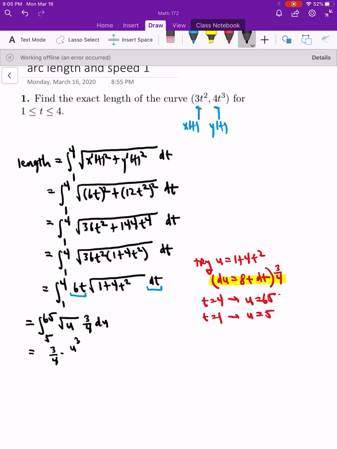I'll add 1 to the power on u, divide by the new power, plug in the bounds on my integral, and I'll see that my answer, 3/4 divided by 3/2 is 1/2. It's 1/2 65 to the 3/2 minus 1/2 5 to the 3/2. And that's the final answer.